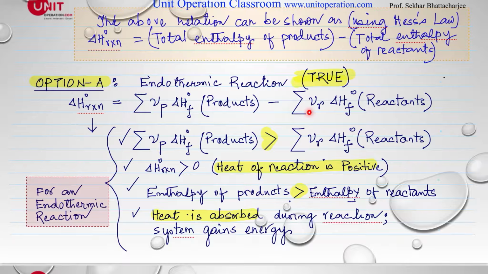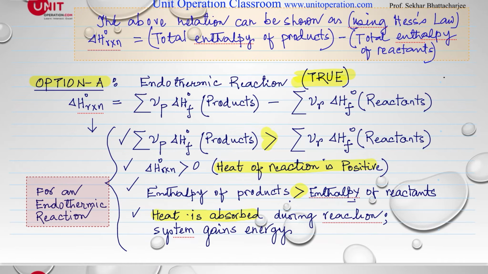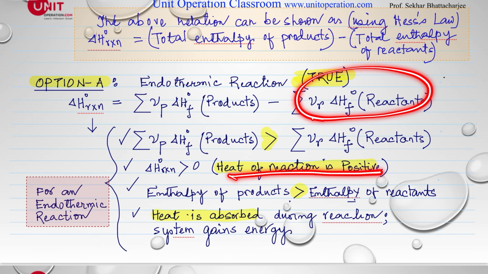The reactants have less enthalpy than the products, so we have to supply energy to the reactants during the reaction to form the products. So delta H0 of reaction is positive, since the products' enthalpy is higher. Heat of reaction is positive.